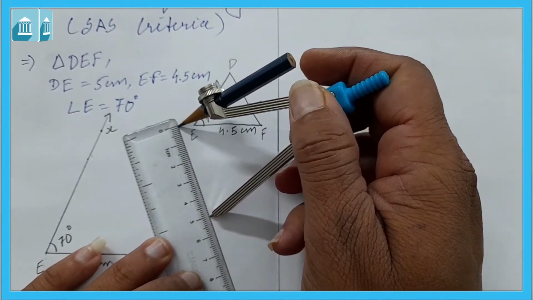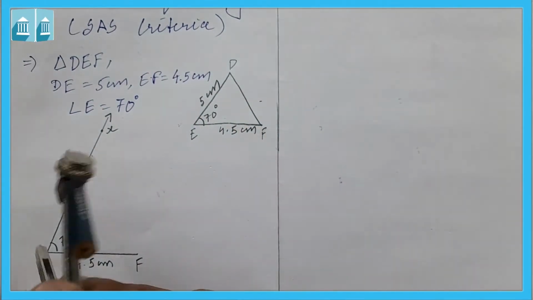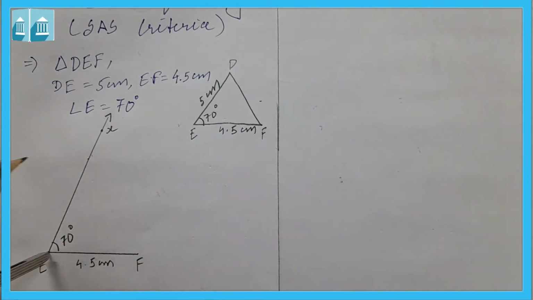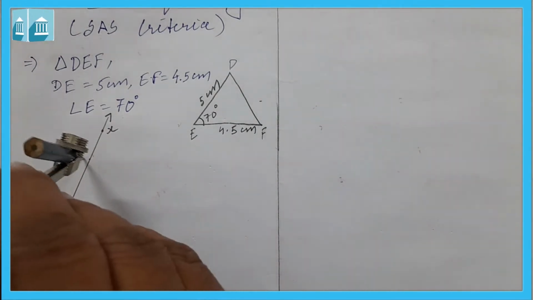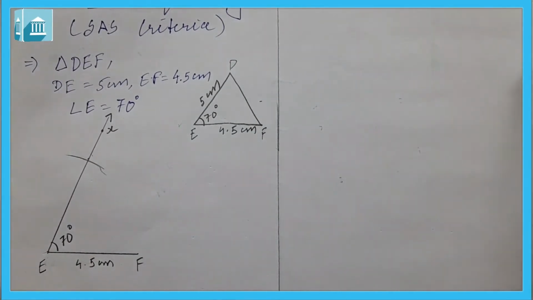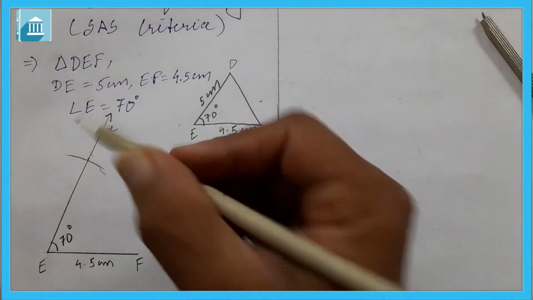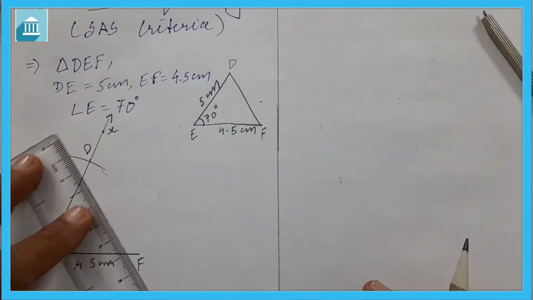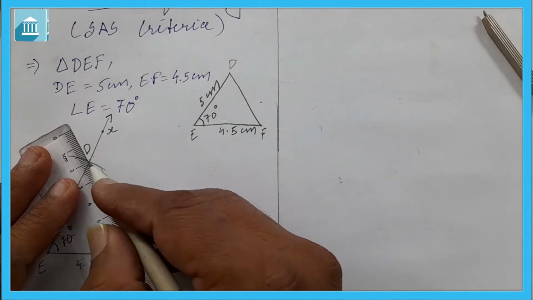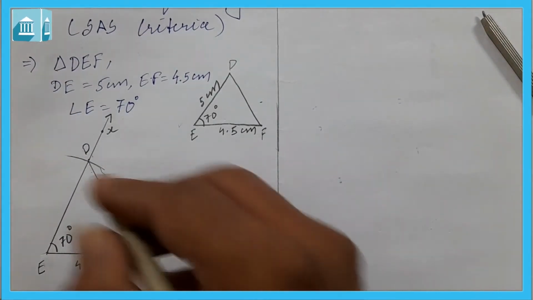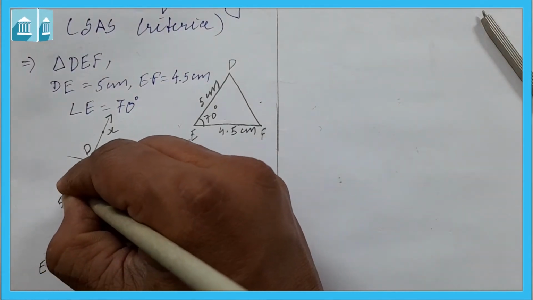This is our radius 5 centimeter. Now center E here and radius 5 centimeter, means this. We need to draw an arc which cuts EX at D. Then the last step is to just join DF. So here it will be 5 centimeter.